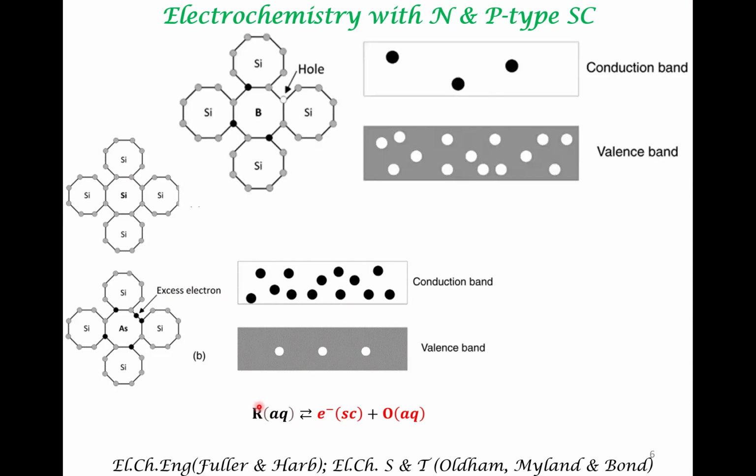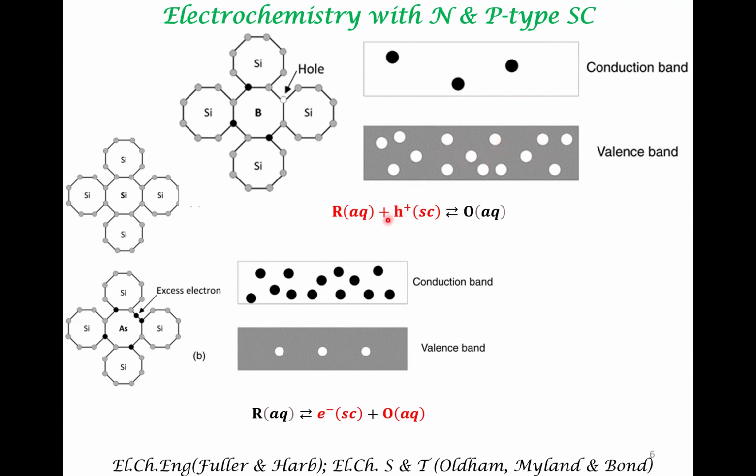Likewise, a P-type semiconductor has holes in the valence band, and the holes like to accept electrons. So the holes can accept electrons from a reduced species that is present in the aqueous solution, and the species R will get oxidized to species O when the species R has lost an electron to a hole in a semiconductor.